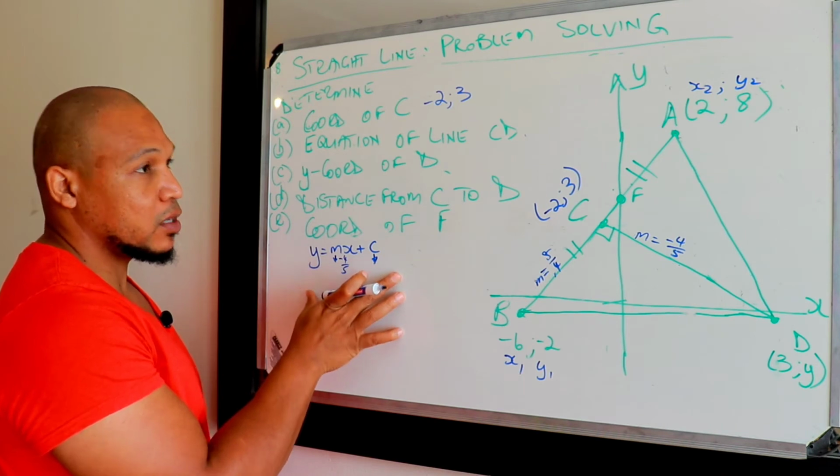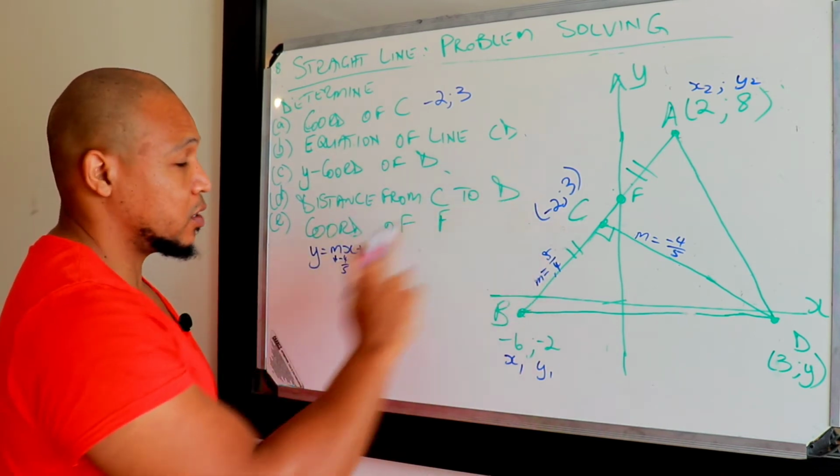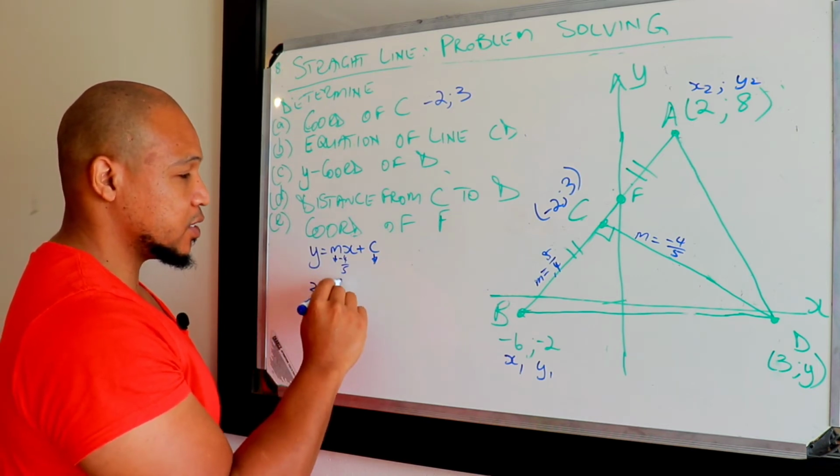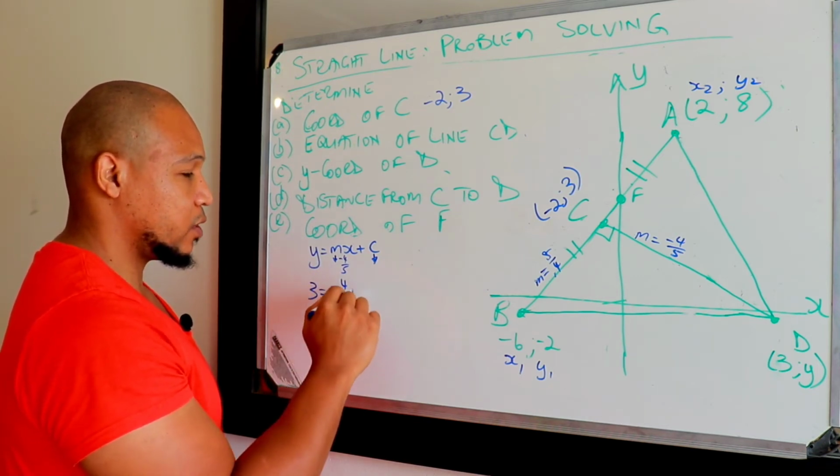I use this formula and substitute this point into my formula. Y will be equal to 3. My gradient is negative 4 over 5.